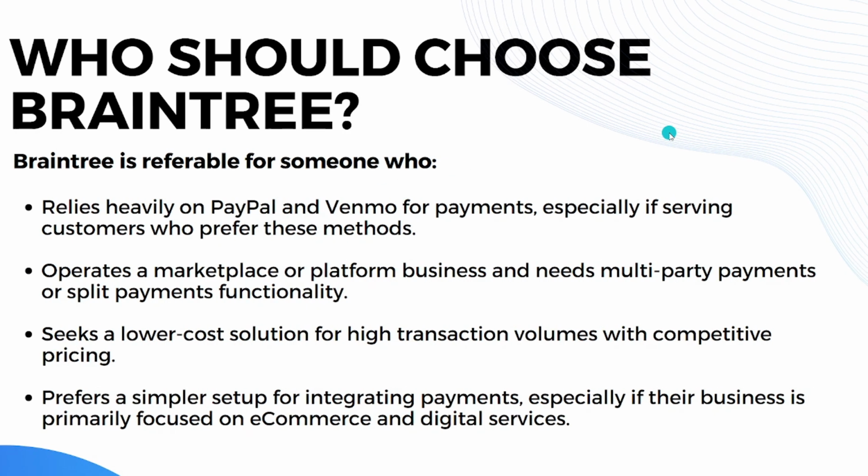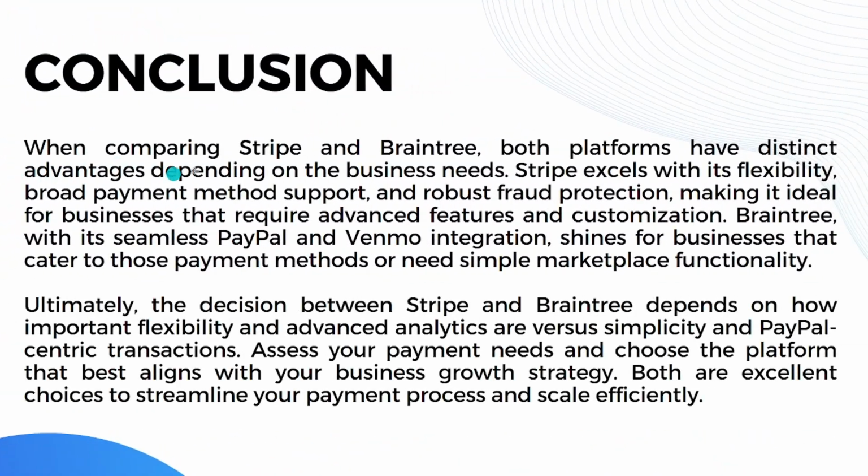And yeah, that's it. So in conclusion, when comparing Stripe and Braintree, both platforms have distinct advantages depending on the business needs. Stripe excels with its flexibility, broad payment method support, and robust fraud protection, making it ideal for businesses that require advanced features and customization. Braintree, with its seamless PayPal and Venmo integration, shines for businesses that cater to those payment methods or need simple marketplace functionality.